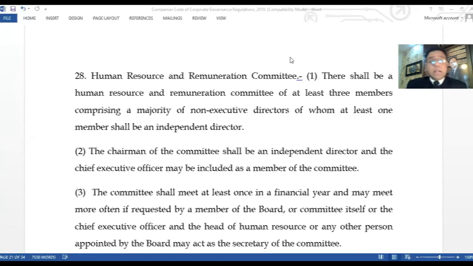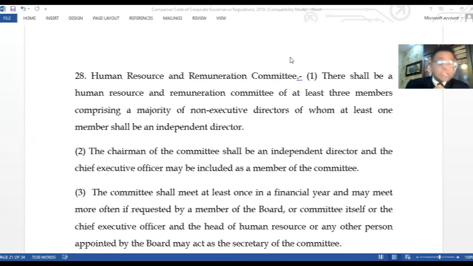In our earlier session, we discussed different committees of the board. As we know, Chapter 9 of the Corporate Governance Regulations, which are in vogue in Pakistan at this moment, deals with different committees, and we call them committees of the board.